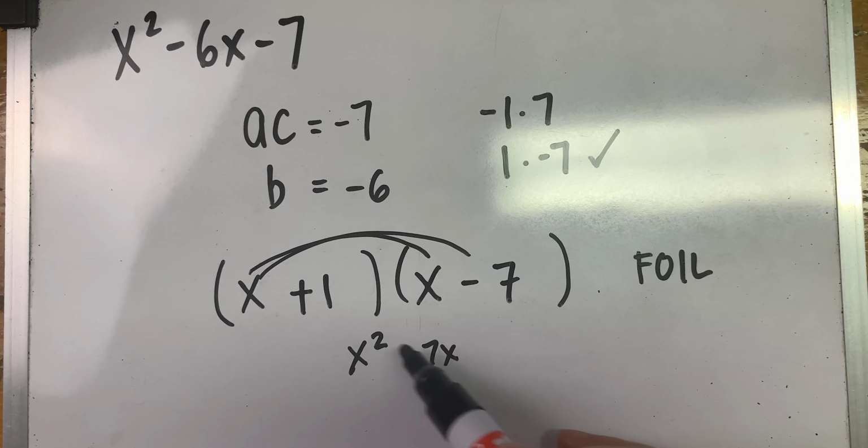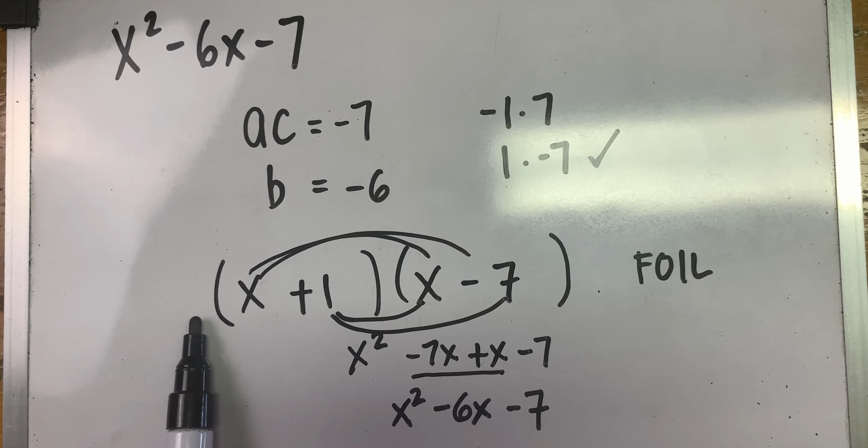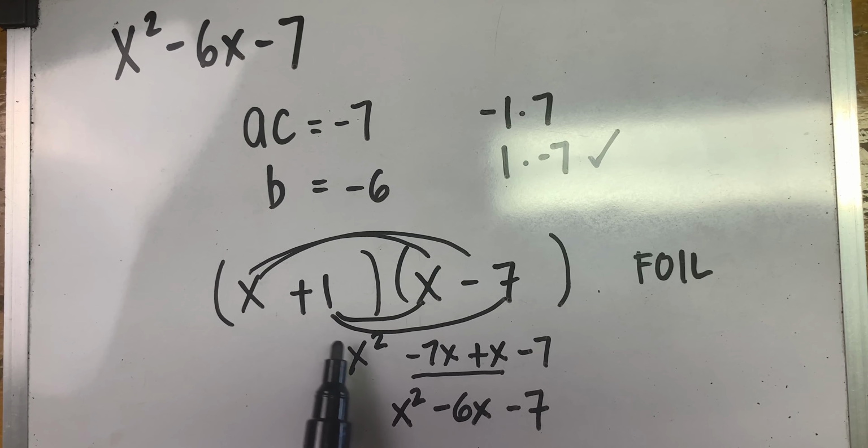Combine natin tong dalawang like terms na to. Negative 7x plus x gives us negative 6x. And then just copy. Okay. So, therefore, tama yung sagot natin na x plus 1 times x minus 7.